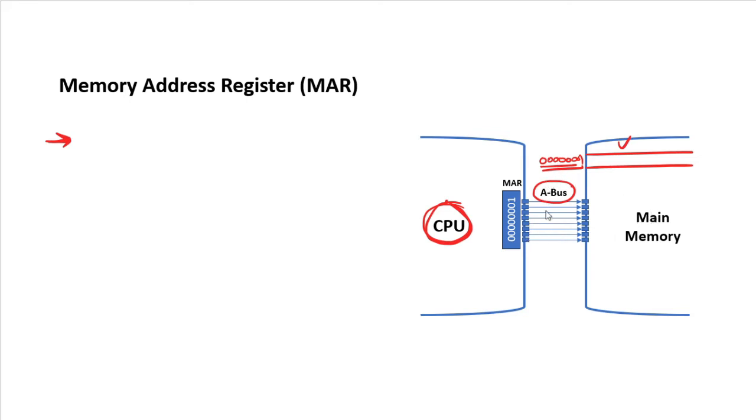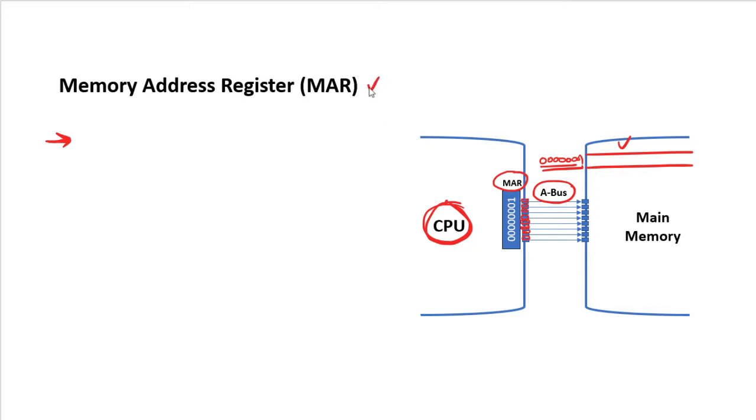The address bus is connected to the CPU through pins. Some x number of pins in the CPU are dedicated to the address bus, and these pins are directly connected to one register called the memory address register, or MAR.